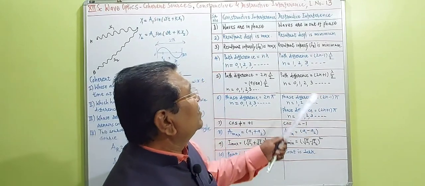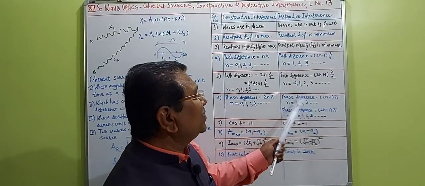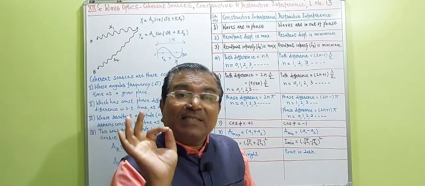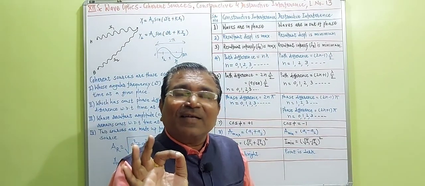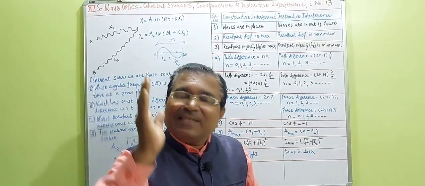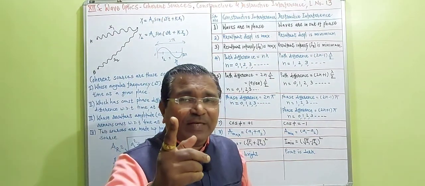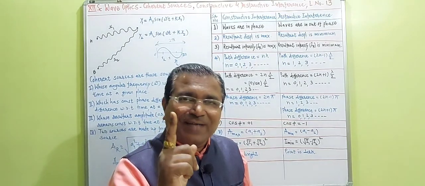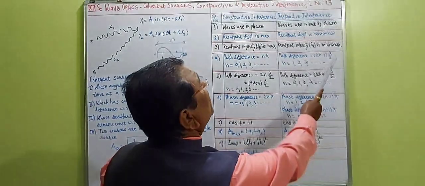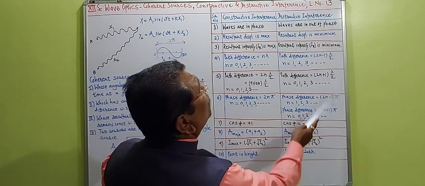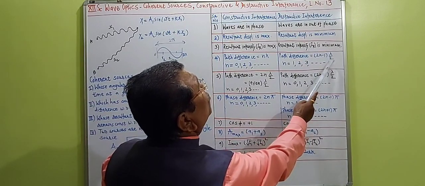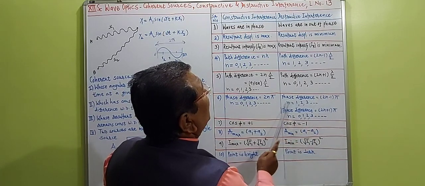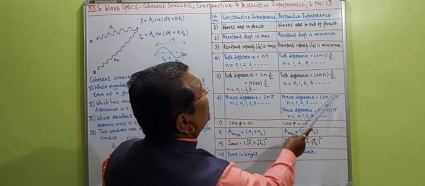So after learning path difference, the formula of phase difference is very easy. Instead of lambda, write down 2 pi. Listen carefully again. Instead of lambda, write down 2 pi. 2 pi upon 2, 2 gets cancelled and simply we get pi. n is equal to 1, 2, 3 if minus sign is there.